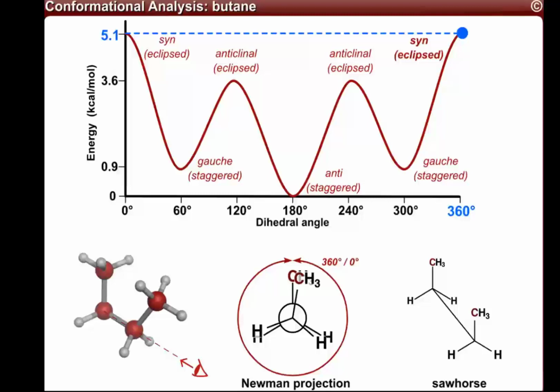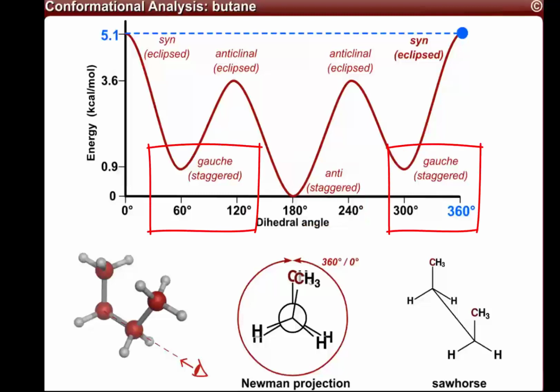Now you can see that there's some labeling in terms of names. The names that I'd like you to know about are those different staggered conformations. If the large groups are 180 degrees relative to one another, we call that an anti-conformation or an anti-staggered conformation.